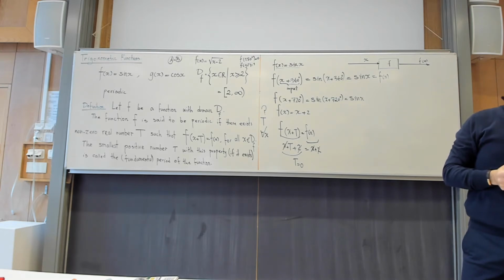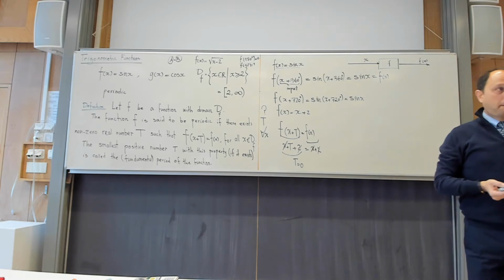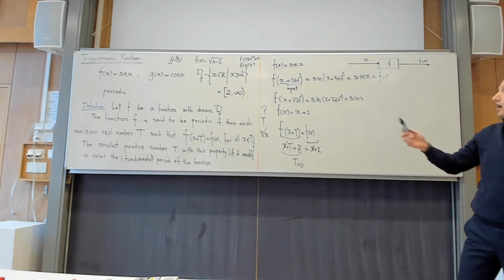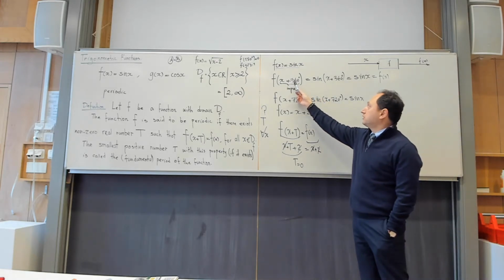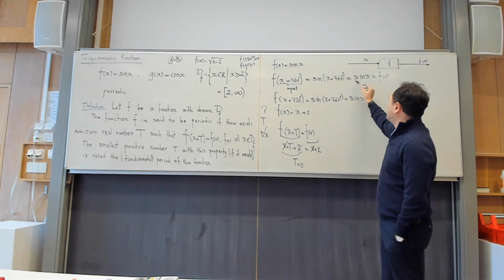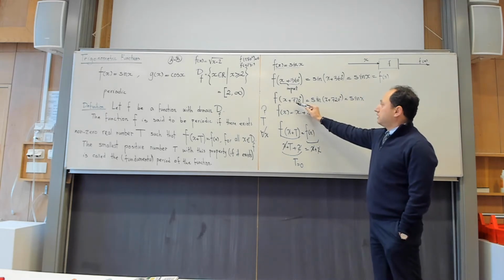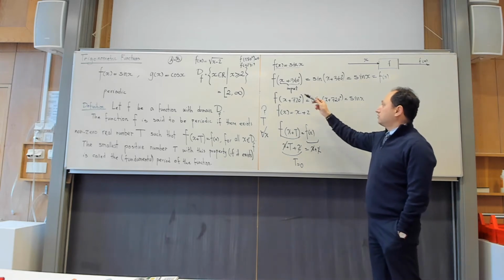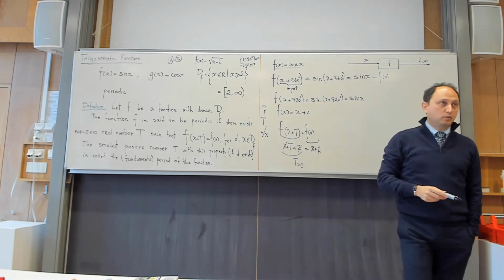Do you know any negative number with that property? Yes or no? So I chose two positive numbers, 360 degrees, it worked. 720 degrees positive also worked. Now I'm asking you, can you also think about a negative number with that property?